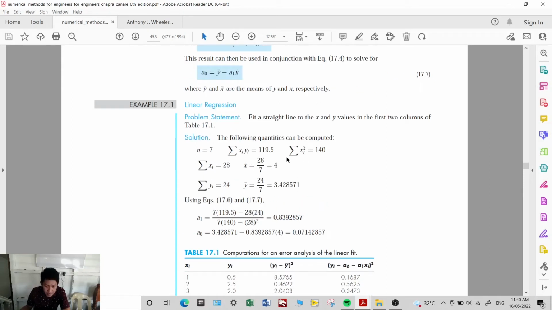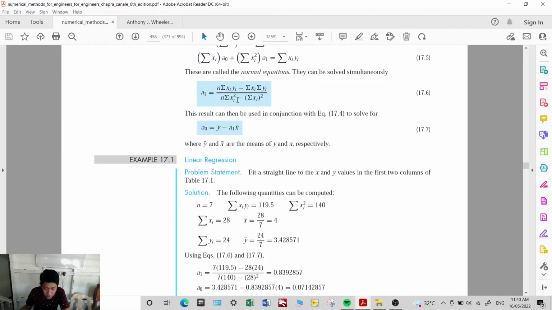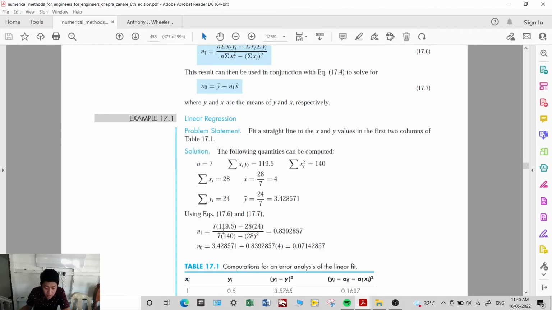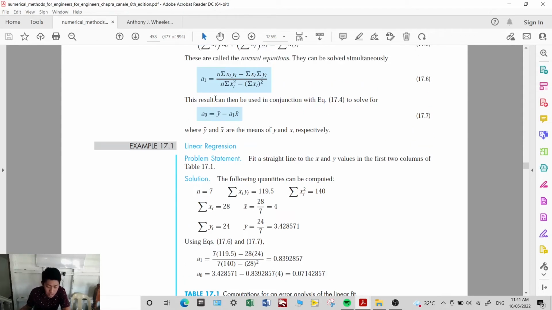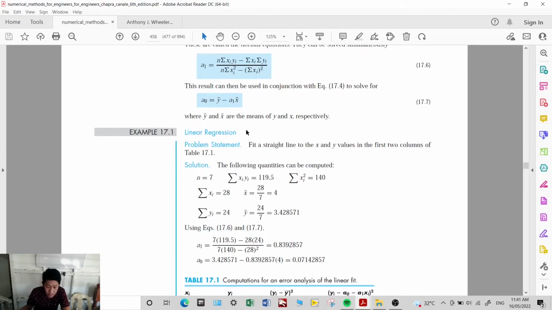Then substitute this into this equation, we will get a sub 1 is 0.8392857. Okay, and then I have presented another value for a sub 0, another way of getting a sub 0. So you get the mean of y and also the mean of x.